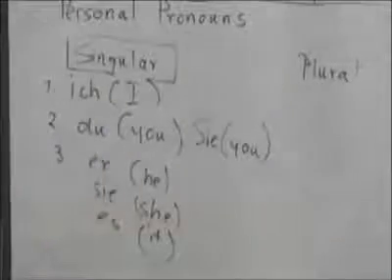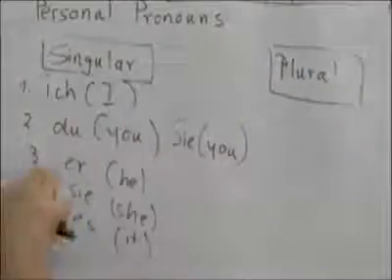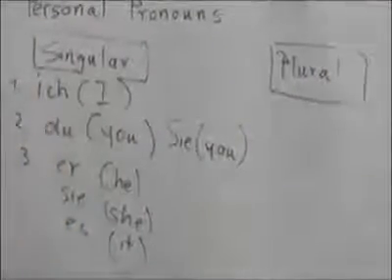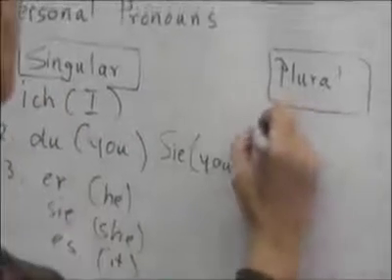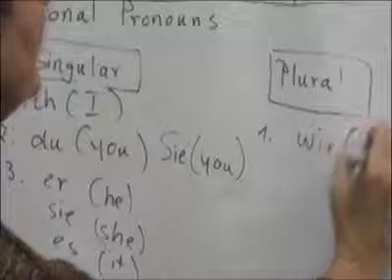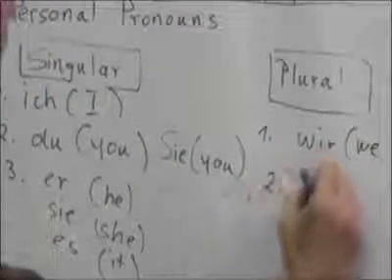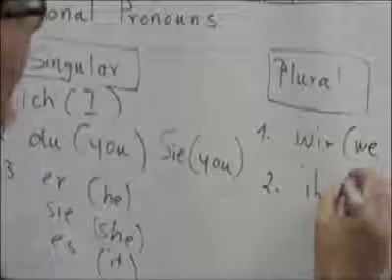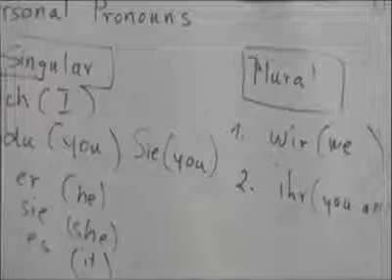Okay, now let's see what happens when we talk about the plural. We have the singular ich, du, er, sie, es, and then comes wir, meaning we, sounds like English, right? Then comes ihr, which is like you all, because we're talking about more than one person.